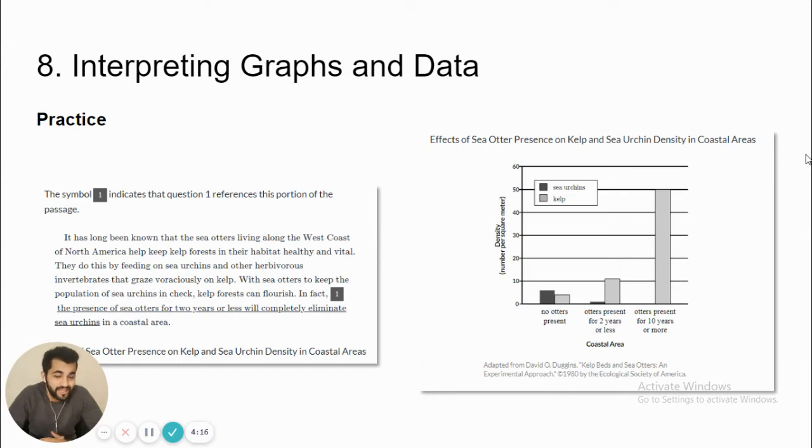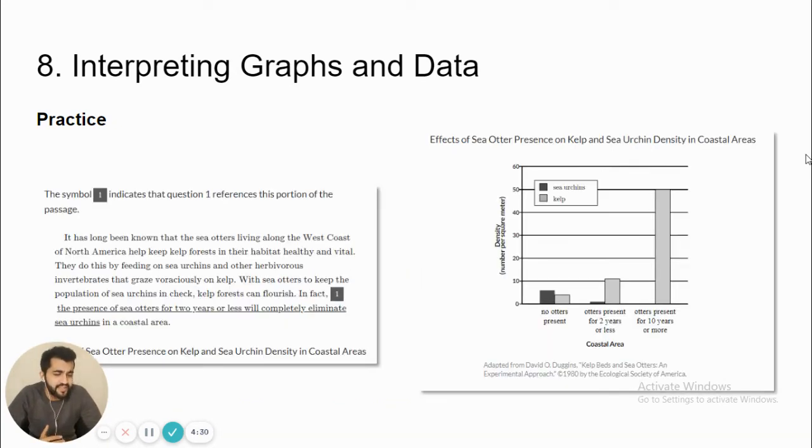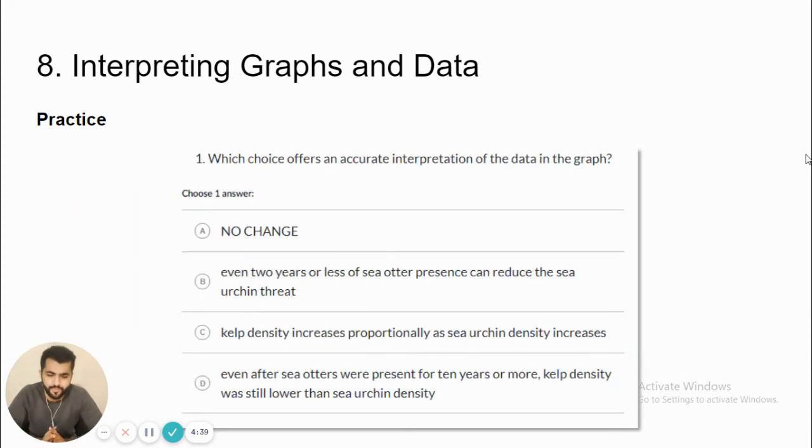They are not completely decimated or eliminated. So A is wrong. B: even 2 years or less of sea otter presence can reduce the sea urchin threat. This makes sense because the sea urchin density has decreased when the otters are there for 2 years or less, and they're not completely eliminated. So that supports B.